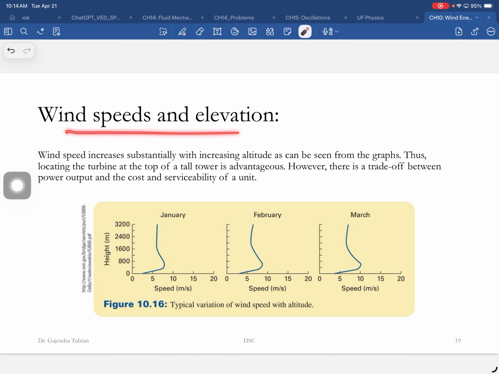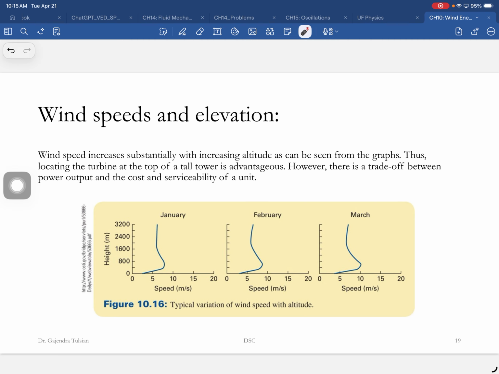So wind speed and elevation, look at this. This is wind speed and this is the height, in meters. 800 meters is where you get the strongest and steadiest wind. The tallest buildings in Daytona are about 50 meters, so this is about 15 times that height.